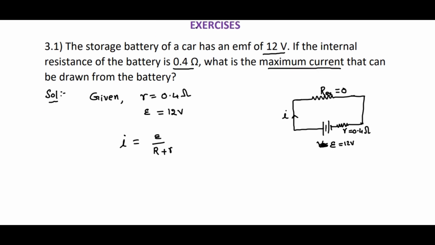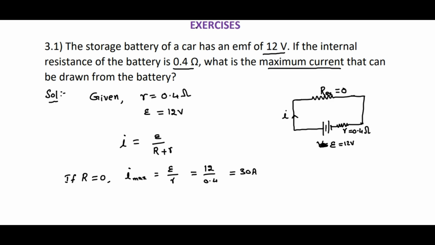Now here, if the external resistance R is equal to 0, then the I value will be maximum. So I maximum is equal to E by small r, that is internal resistance. That is equal to 12 divided by 0.4, which is equal to 30 ampere.